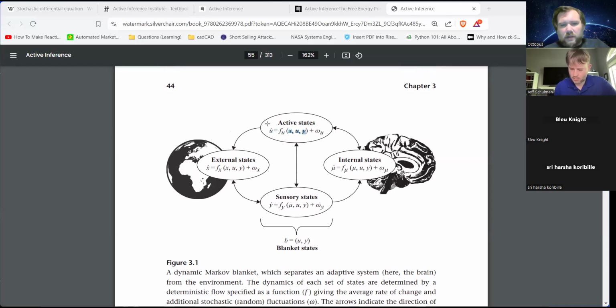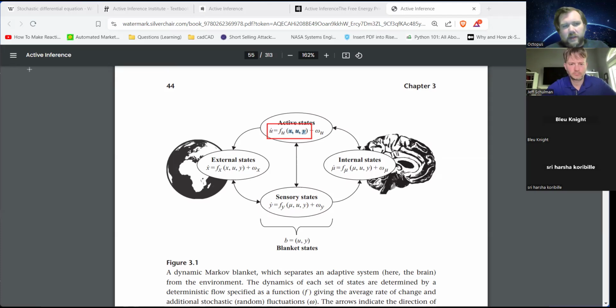This would say the change is determined by x, u, and y, and what the specific rule for determining the change is can be up for discussion. But we're describing the change through a rule that depends on the current information.